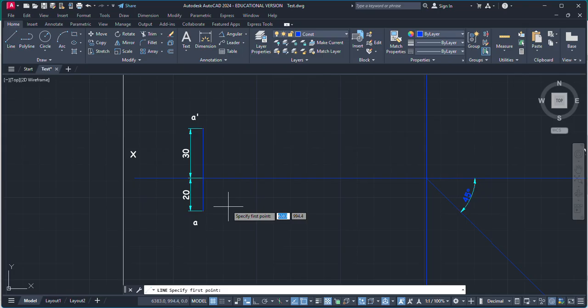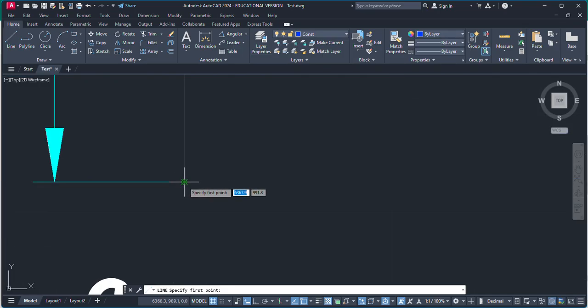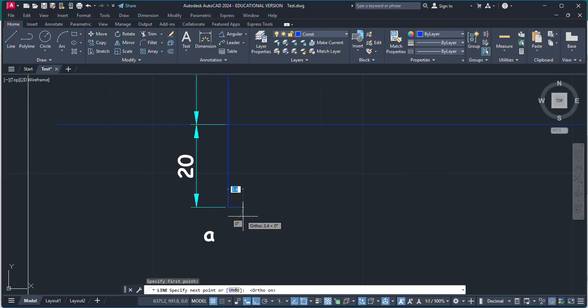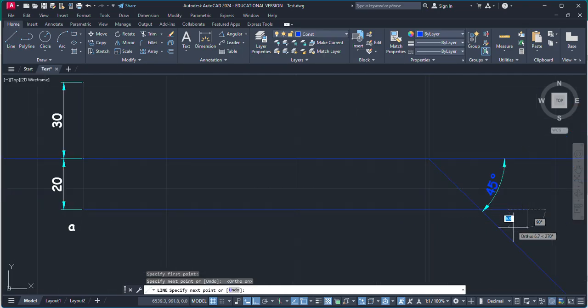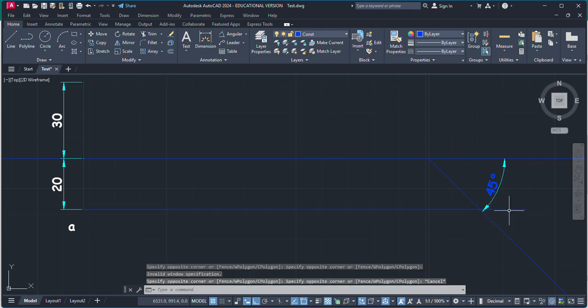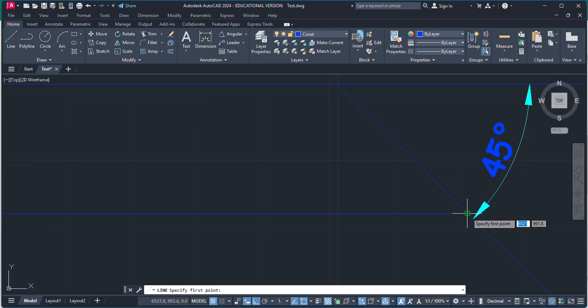Our very next step is to draw a horizontal line from point A or from top view. This horizontal line is going to intersect with this inclined line. So this line will intersect here, so I need this point of intersection. Now from this point of intersection we have to draw a vertical line.